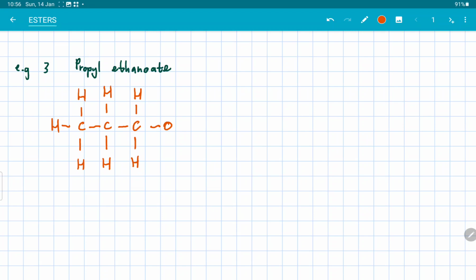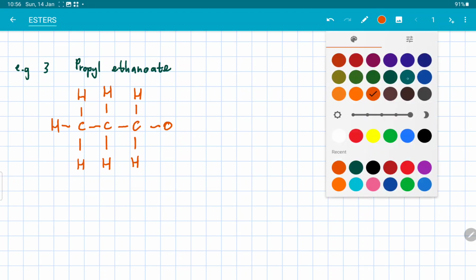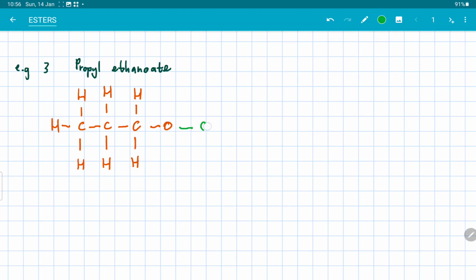Then we draw the part that was previously the carboxylic acid. It would be C double bond O, and another part. C double bond, but for the ethan part, that means we added 2 carbons, the ethanoic acid. So it's going to be having this kind of structure. Yeah. So it looks like this.